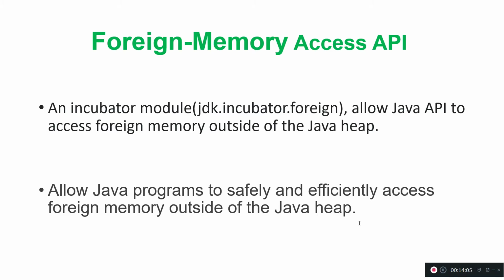That is one enhancement that has been done. It is an incubator feature. This API can be used from the jdk.incubator.foreign module or package. From that package you can access the API, and you can write a program to access memory outside of heap. That is called foreign memory.